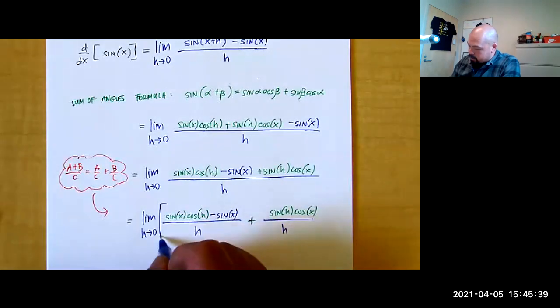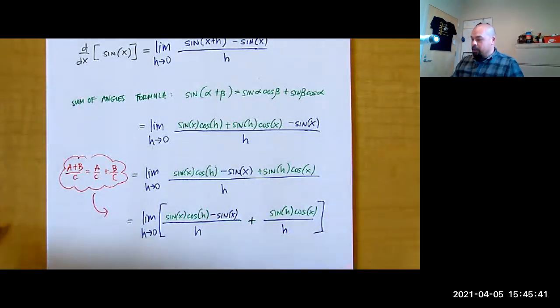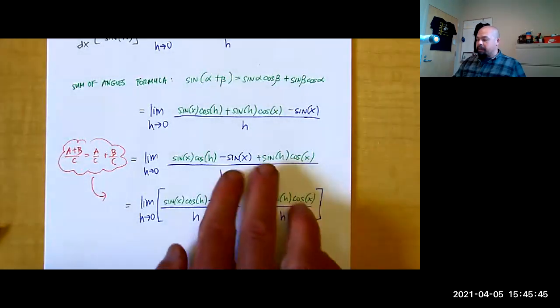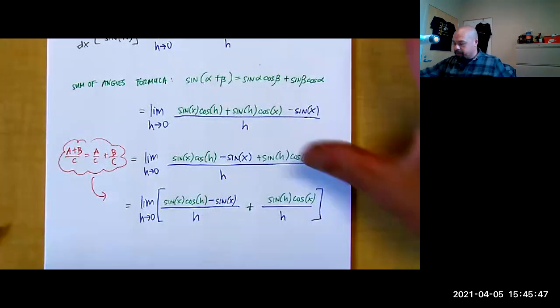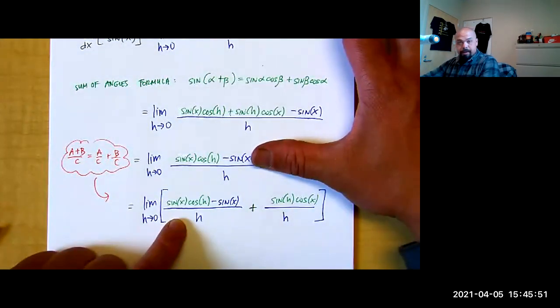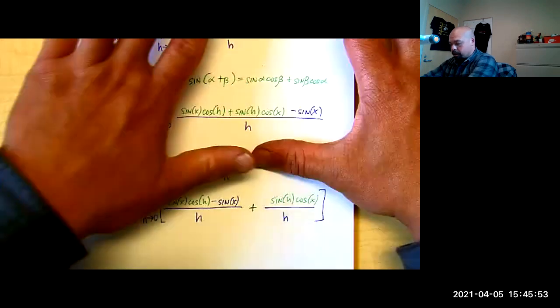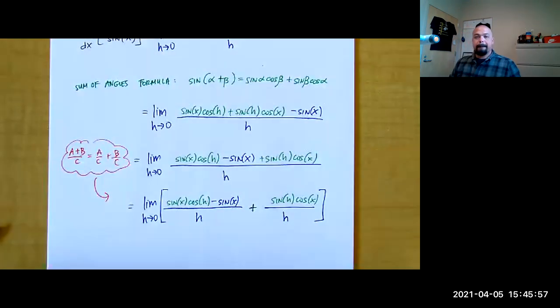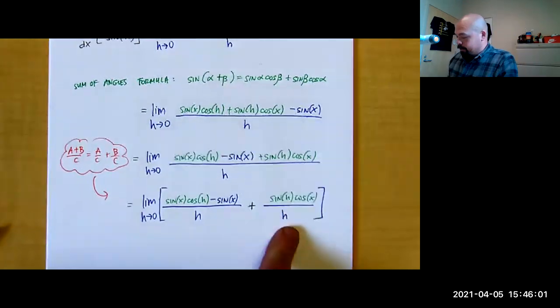And I'll put this in a big bracket. It's still together underneath that limit. I've just separated one rational expression, one fraction here, the other like so. So separating those components, keeping the same denominator.